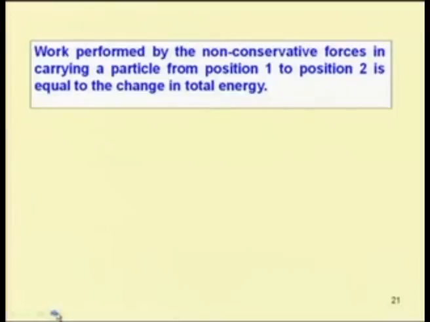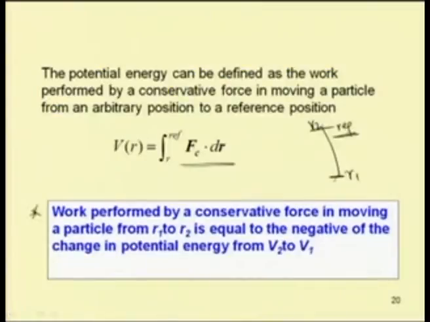Also, the work performed by non-conservative forces in carrying a particle from position 1 to 2 is equal to the change in total energy. The work performed by conservative forces in carrying a particle from position 1 to 2, we have already seen, is equal to the negative of the change in potential energy.